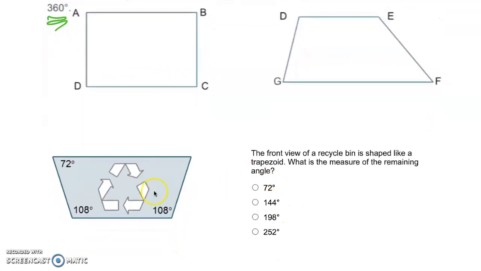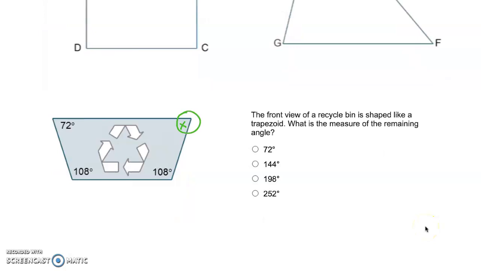So if we take a look at this problem right here, we have a recycle bin, and we want to know what our missing angle is right here. Well, I'm going to call that angle X. We can say that X plus 72 plus 108 plus 108 is equal to 360 degrees, because that's the sum of our quadrilateral.